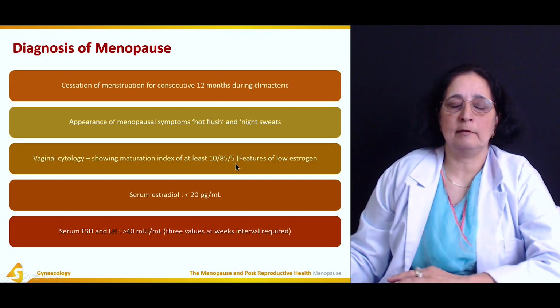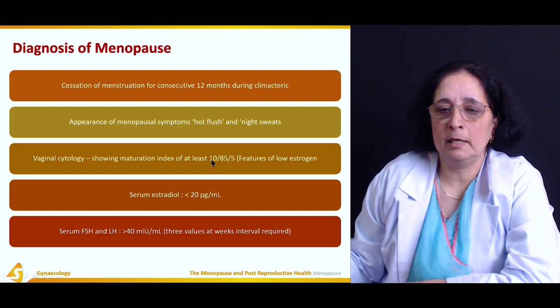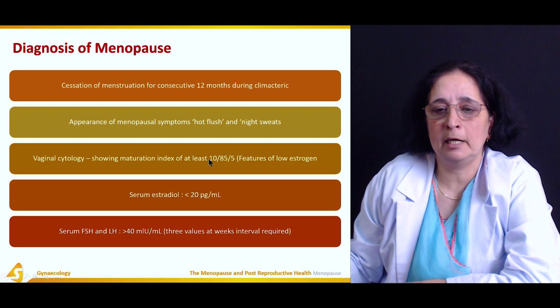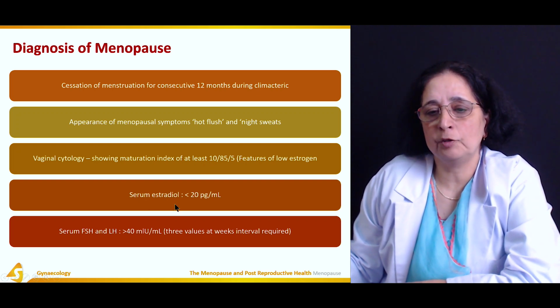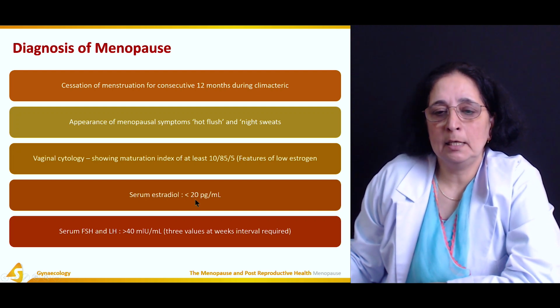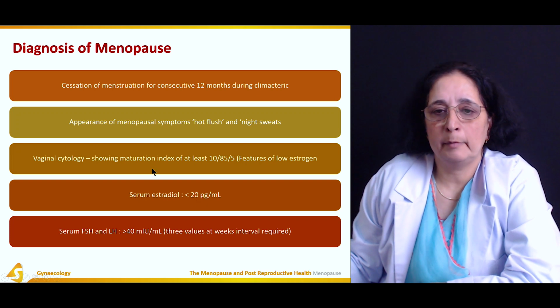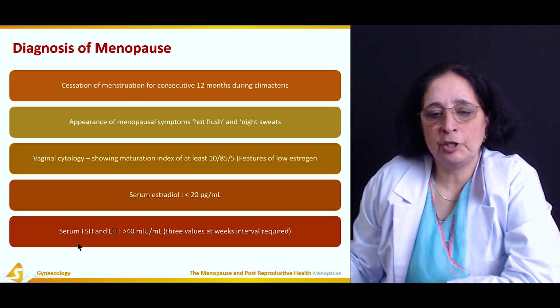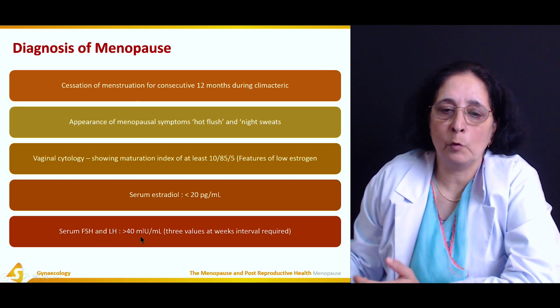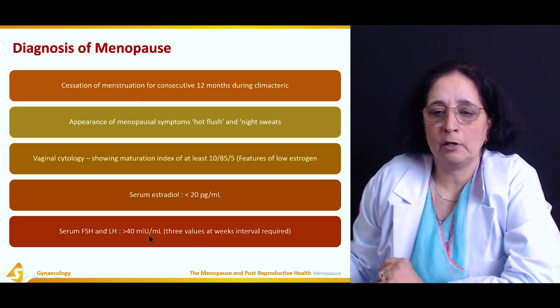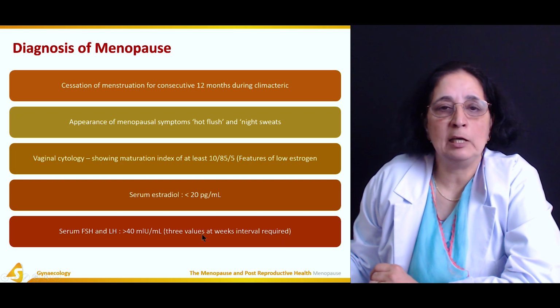If estrogen levels are low, then the cell growth is affected and the index is affected. A serum estradiol level of less than 20 is diagnostic of menopause. FSH and LH levels are high, more than 40, which is diagnostic of menopause, and three values are required.